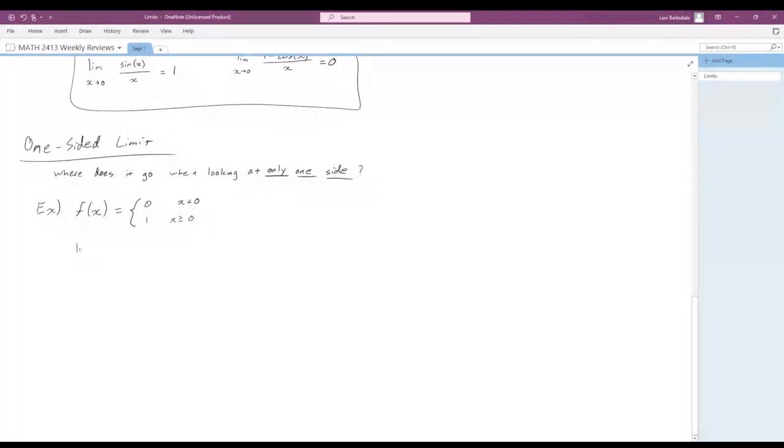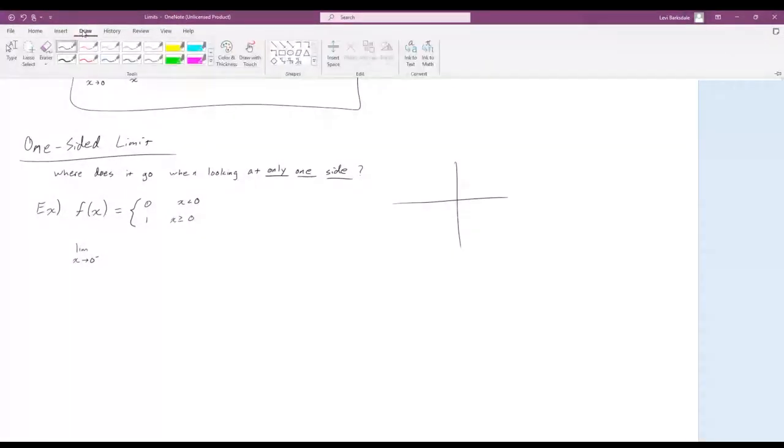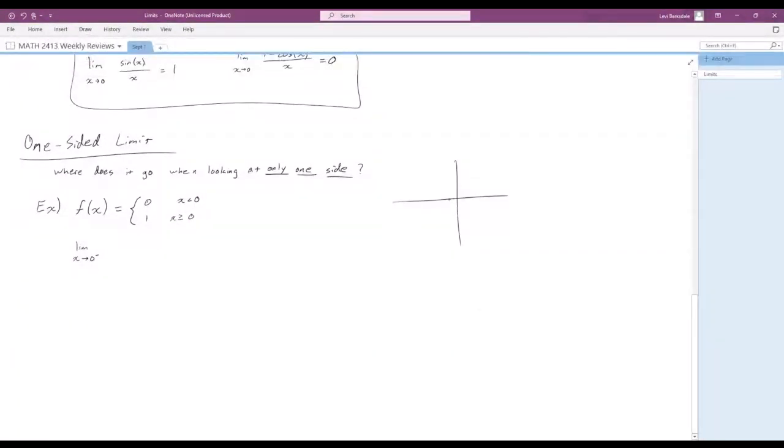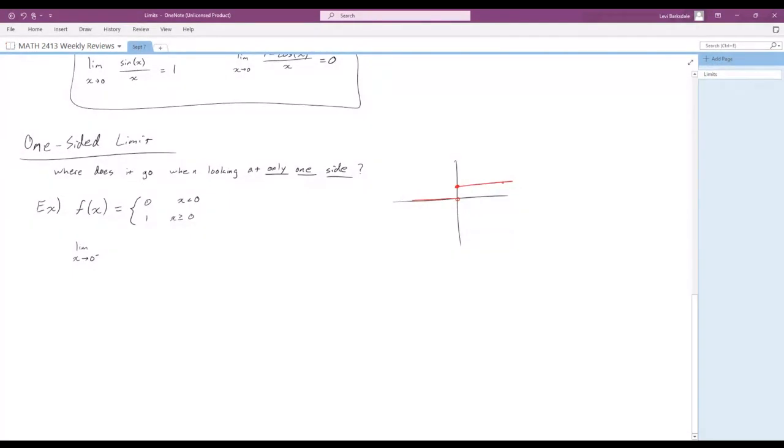Well then, I'm approaching 0, which we know there's a jump discontinuity at 0. If I wanted to sketch my function, it would look something like this. I'm going to draw it in red so it's easy to see, with a hole right there, and a filled circle, just like that. That's what our function looks like.